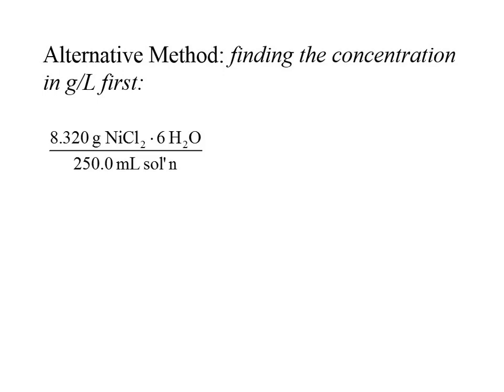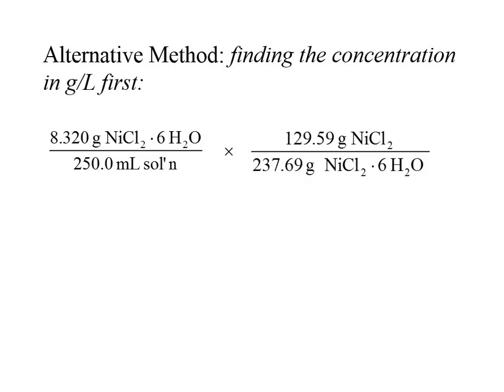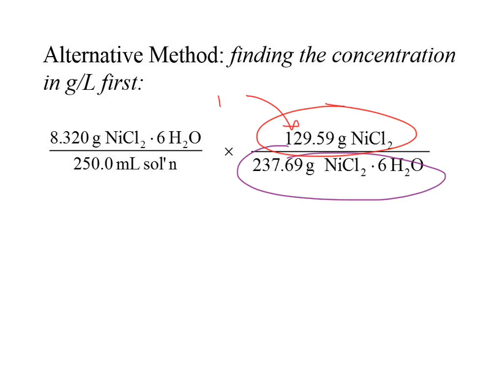Now, this ratio, if you look back a few pages, if we consider 1 mole of the hydrated salt, this bottom down here is the molar mass of the hydrated salt. This right here in red is the mass per mole of the anhydrous salt. So these two are molar masses. And if you just consider 1 mole of the hexahydrate, you do indeed have 1 mole of the anhydrous. So these came from a few slides ago. Basically, it's a mass-to-mass ratio.